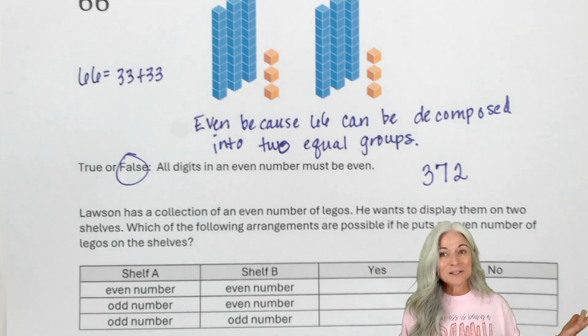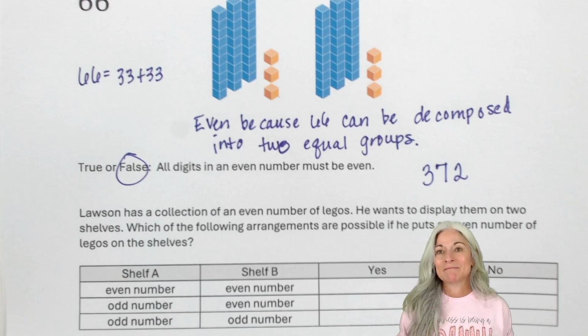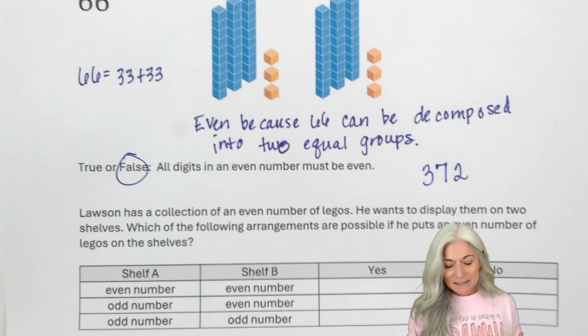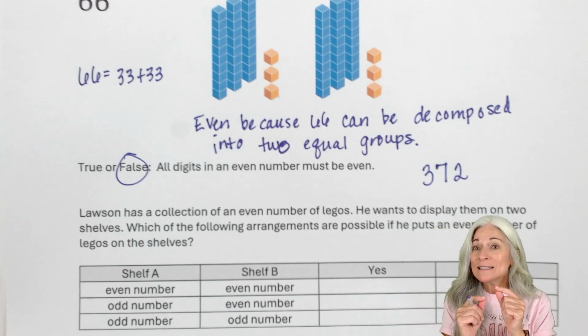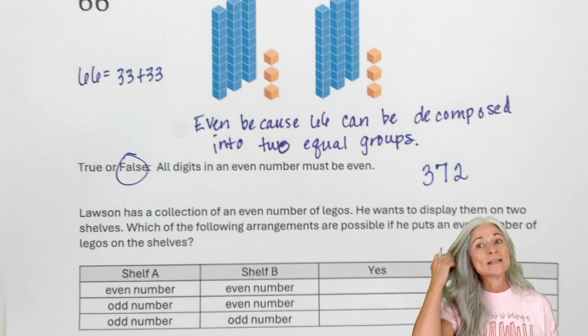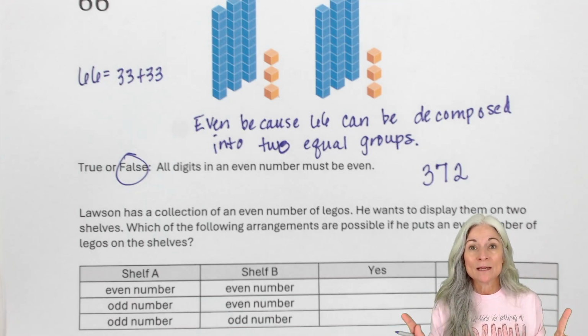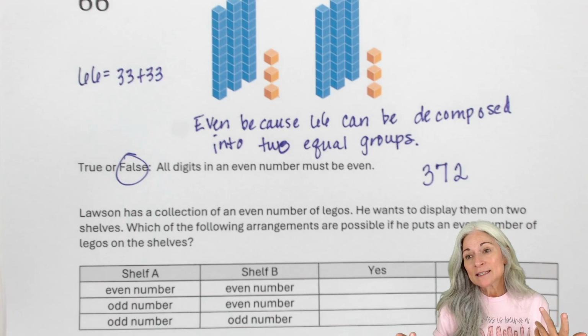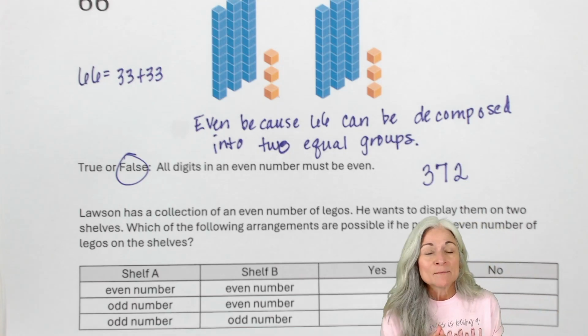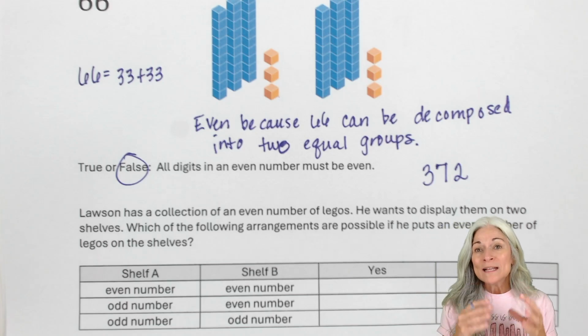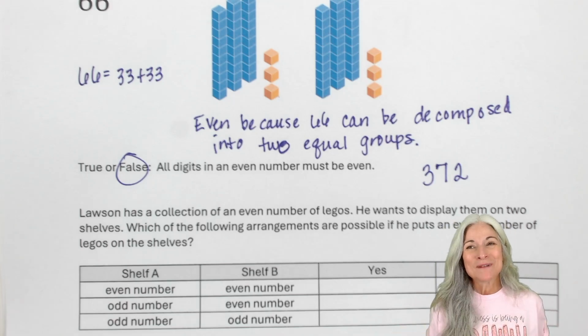Can I split it into two equal groups? Absolutely. 150, 150. So we are only looking at the ones digit because the ones digit is what tells us whether or not this number can be split into two equal groups. If I wanted to rewrite this as a true statement, I would simply say the digit in the ones place in an even number must be even.